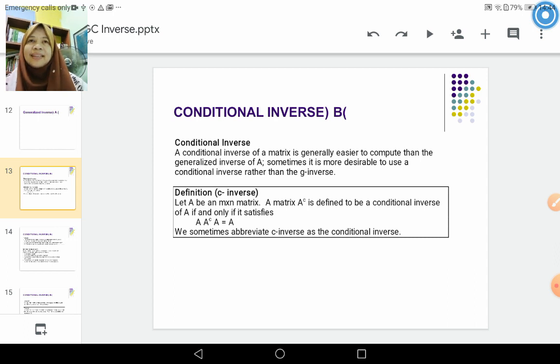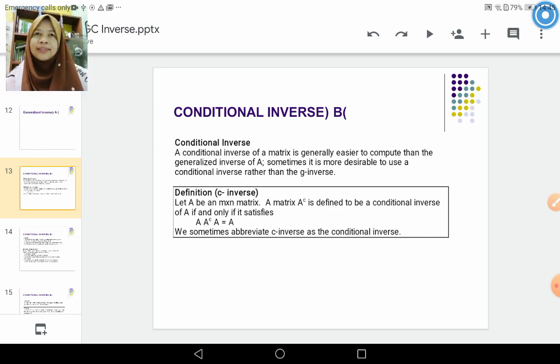Okay, so where are we? Before the holiday, we discussed up to G inverse. So we carry on with conditional inverse. So what is conditional inverse?